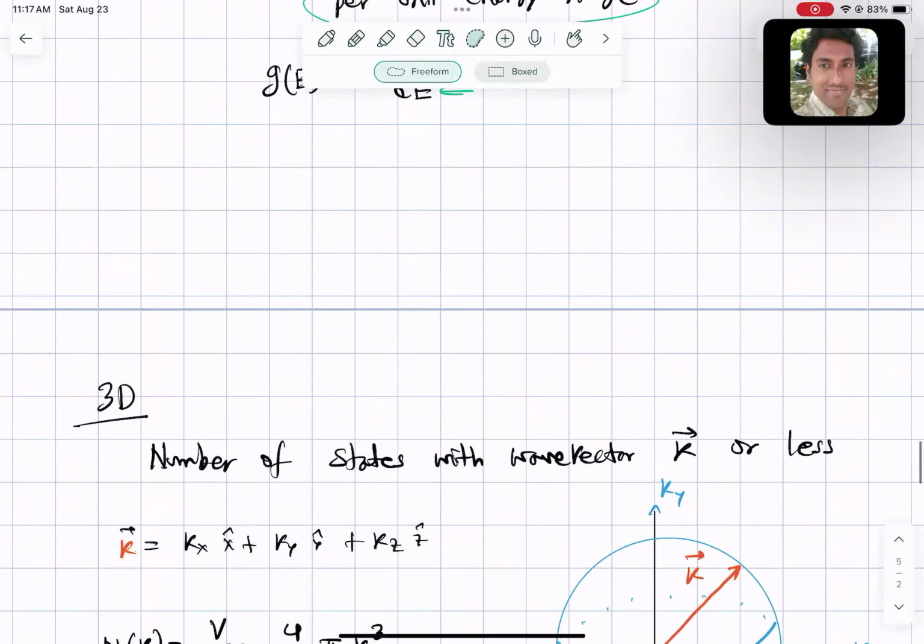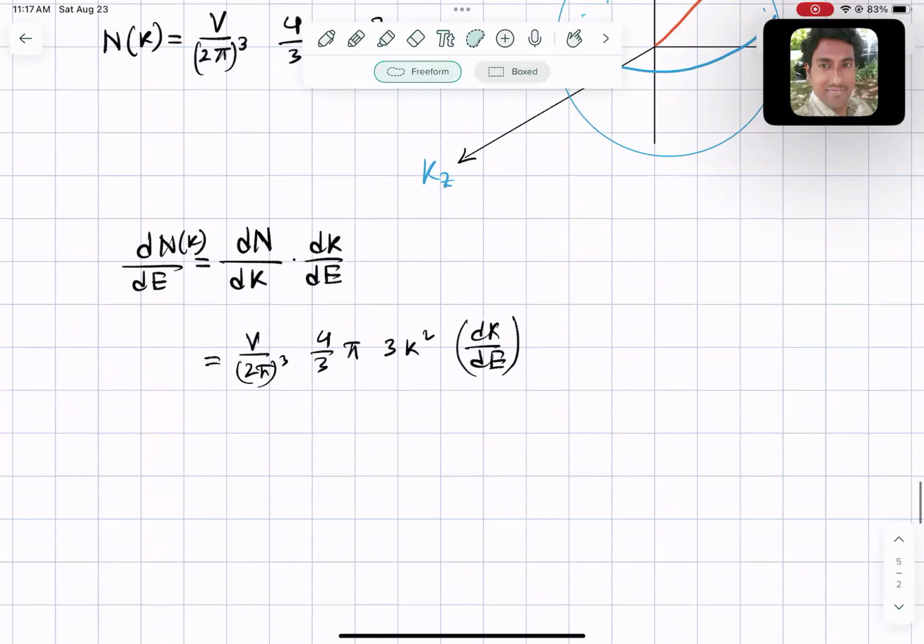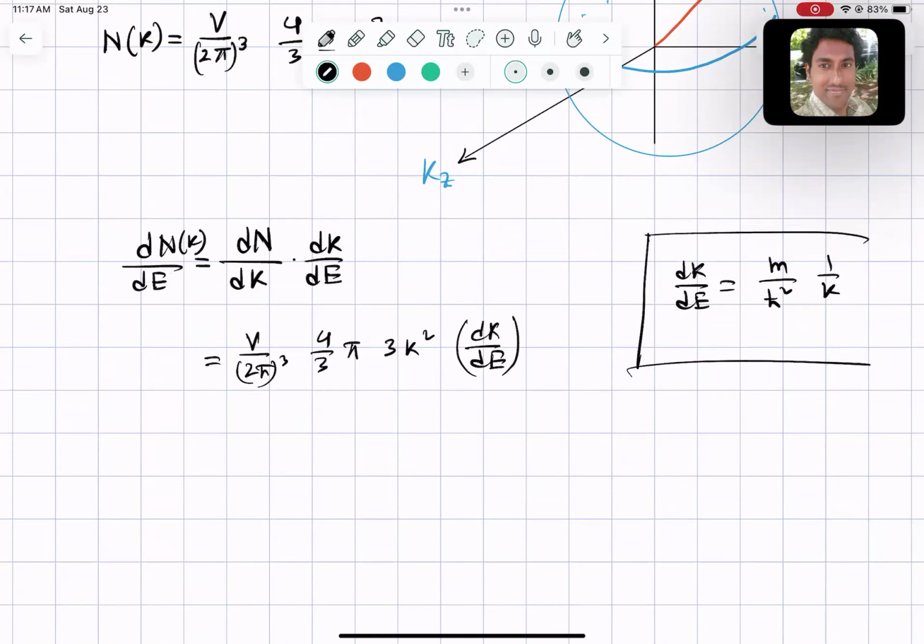Let me copy from there and have it here on the side. So we write V over twice pi whole cubed, 4 by 3 pi times 3k squared dk over dE is m over h bar squared, 1 over k.